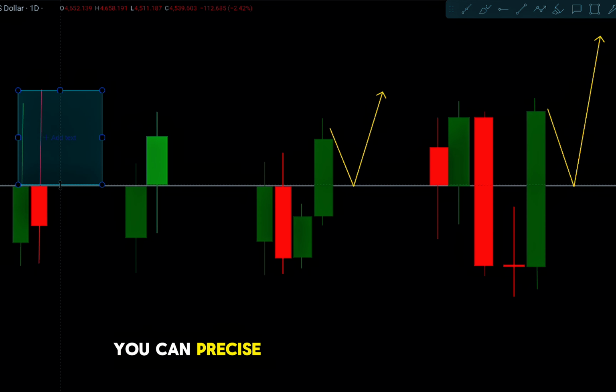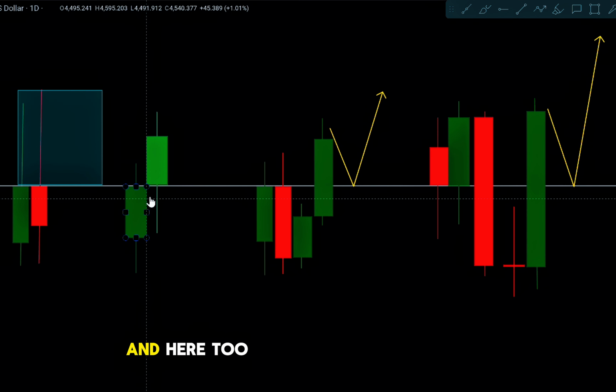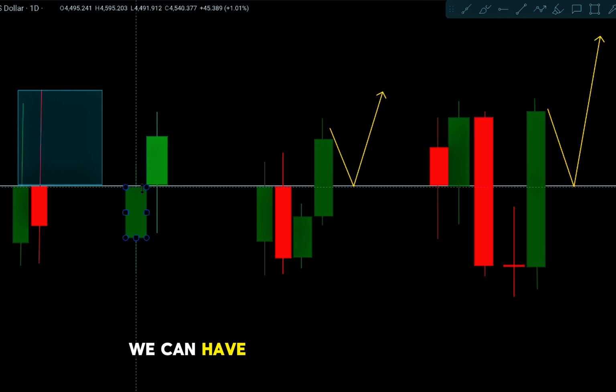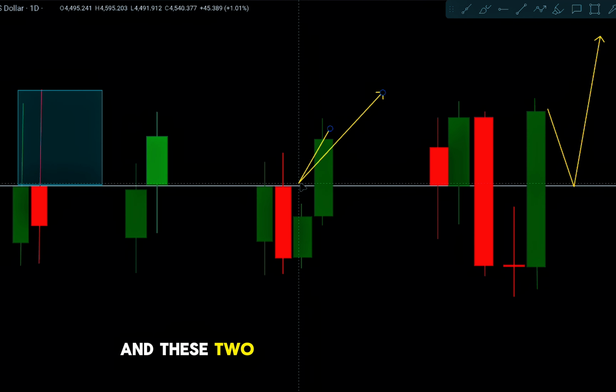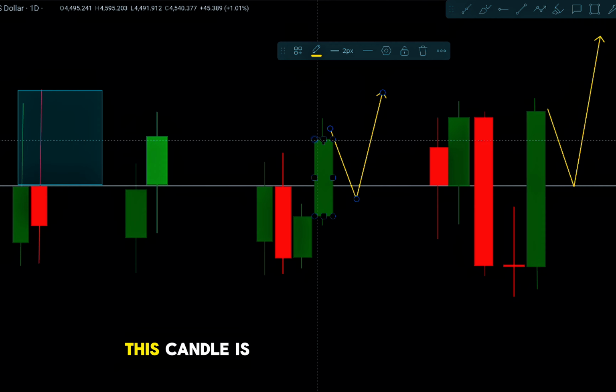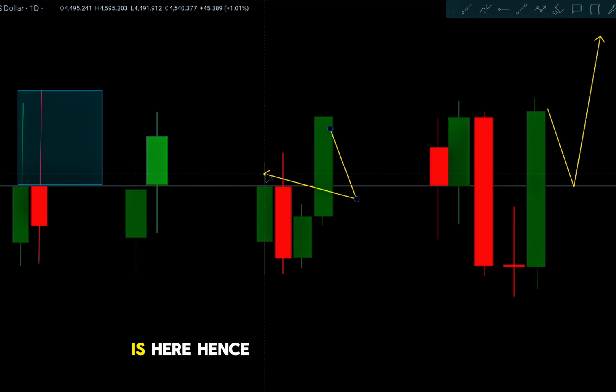You can precise the zone to the lower time frame. So if this is daily, you can precise it to H4 and precise it to H1. So that is it. And here too, we can see this is the bullish one. We can have these candles to be bearish, bearish. So you have the gap levels to be here. And this too is the breakout. This candle is the one that has broken this level that is here.